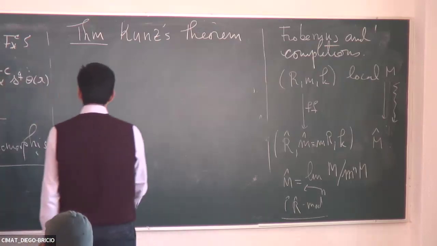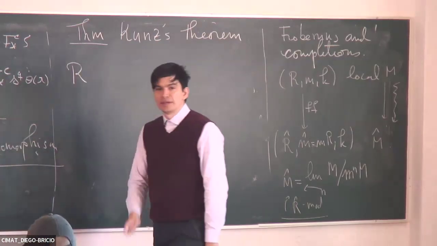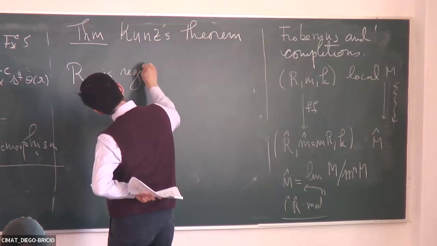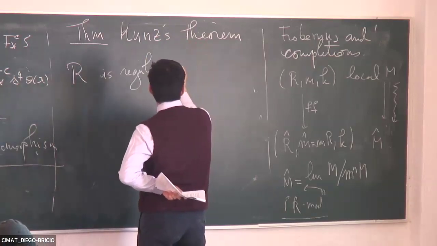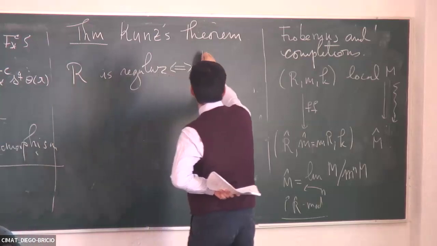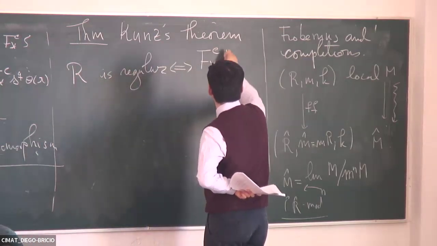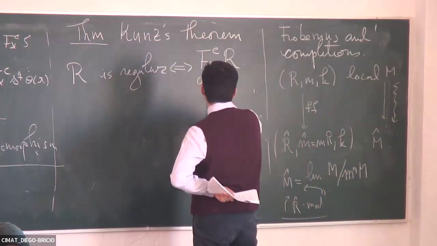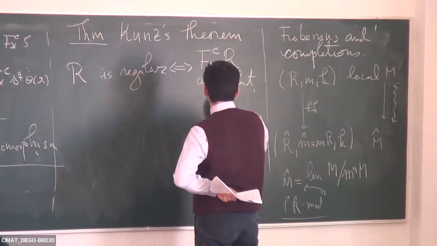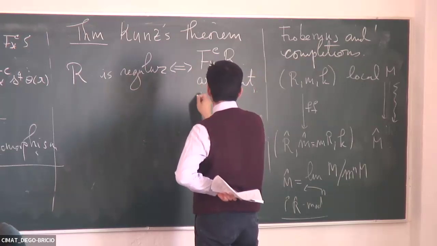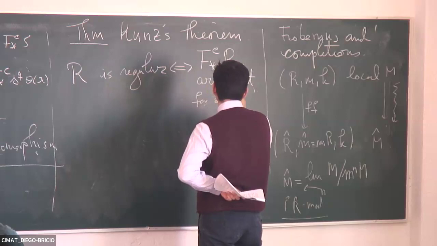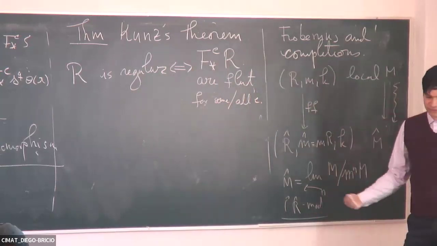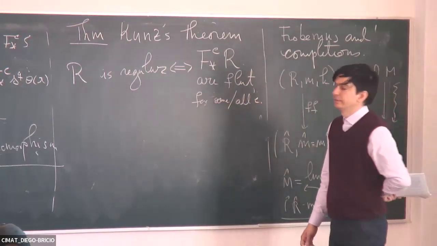It says that a Noetherian ring R is regular if and only if the modules I was telling you about are flat for some e. Equivalently, I'm going to let you show as an exercise that if it's true for some e, it's true for all e.